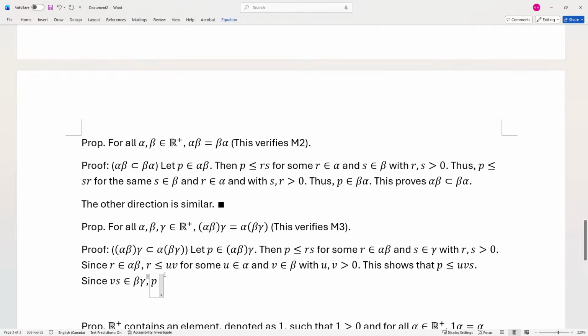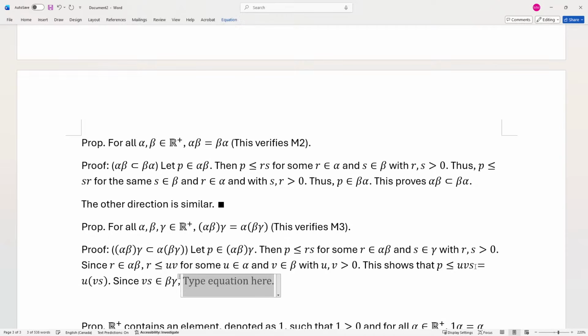Right? P is less than or equal to something that comes from alpha, which is, just let's write it this way. That's the associativity part, the associativity of rational multiplication.